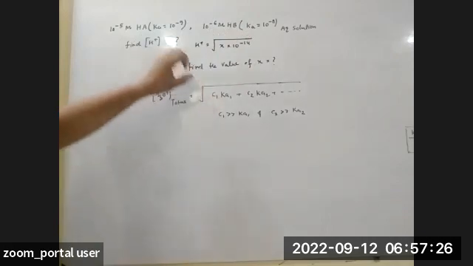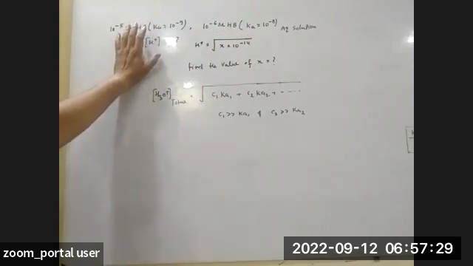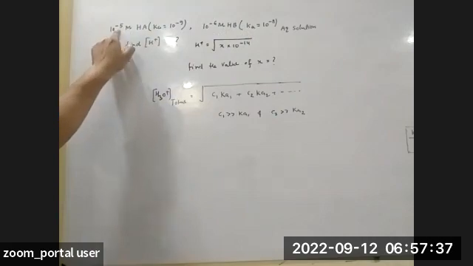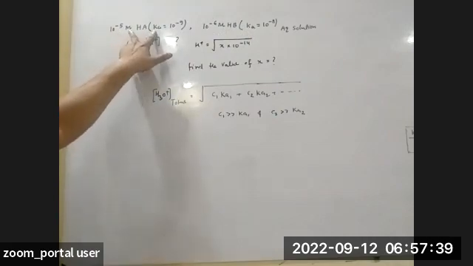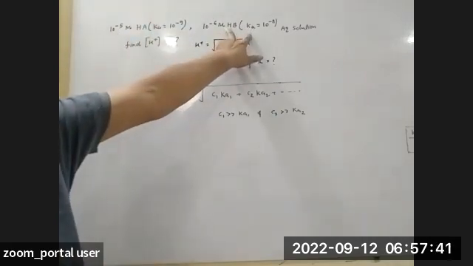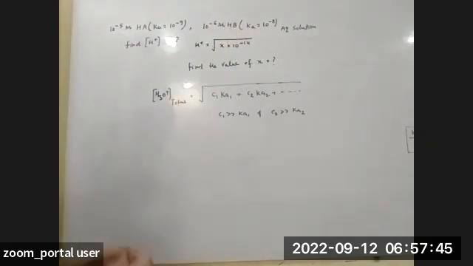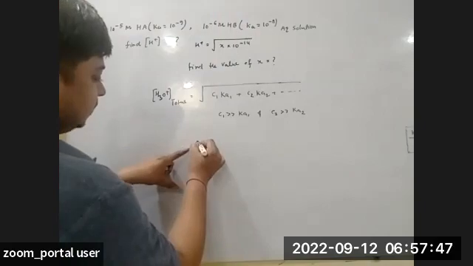But there is one more thing to remember: water will also act as an acid because the numbers are comparable. Root C into K for this is 10 to the power minus 7, root C into K for this is 10 to the power minus 7. So here basically there are three acids.